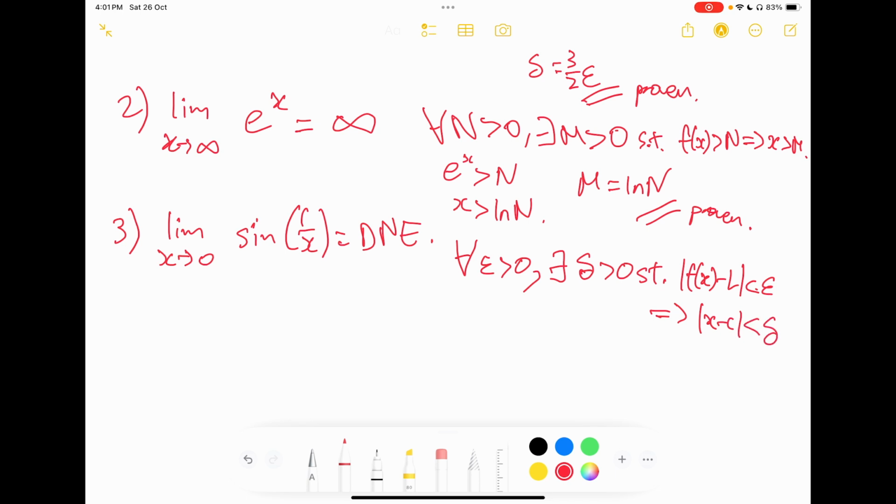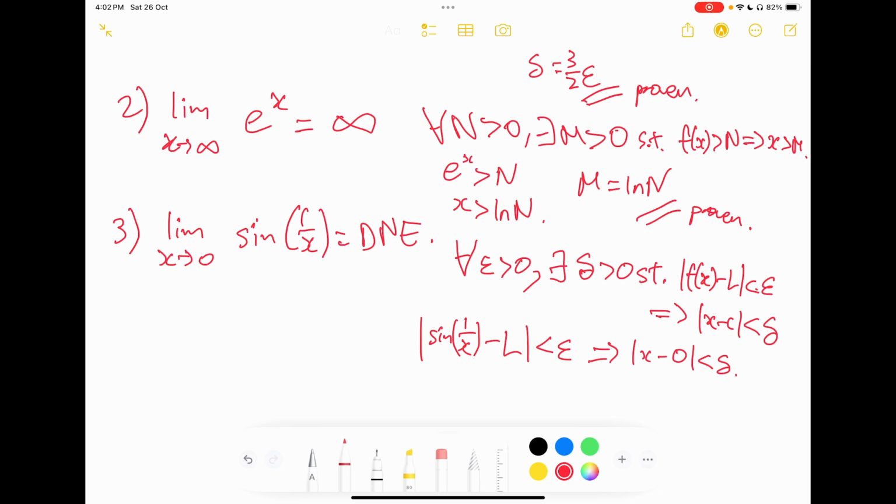So we can substitute sine 1 over x minus some L has to be less than epsilon in order for x minus 0 to be less than delta. So to disprove this, we just need to prove that it doesn't work for a value of epsilon.